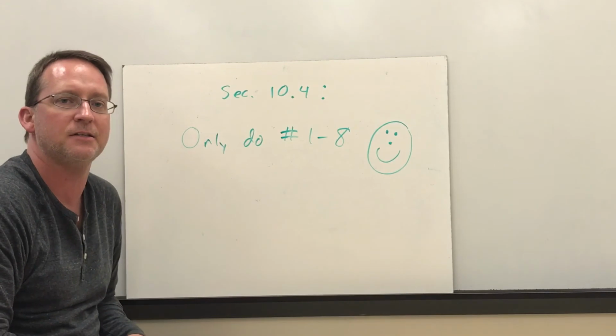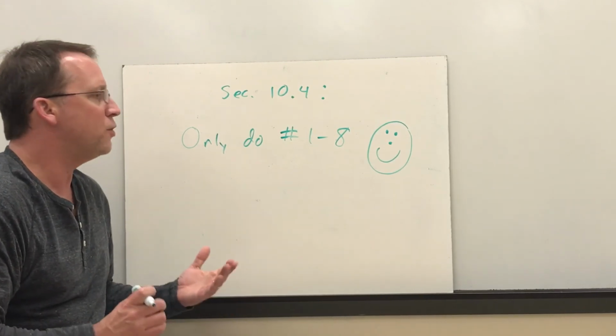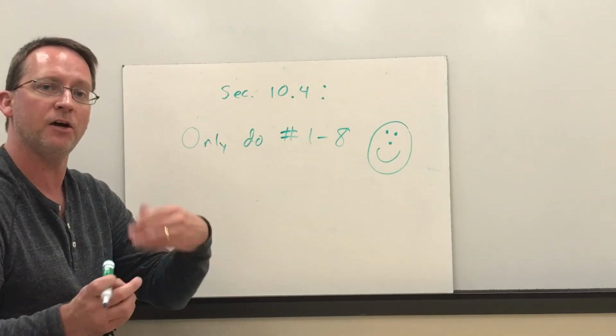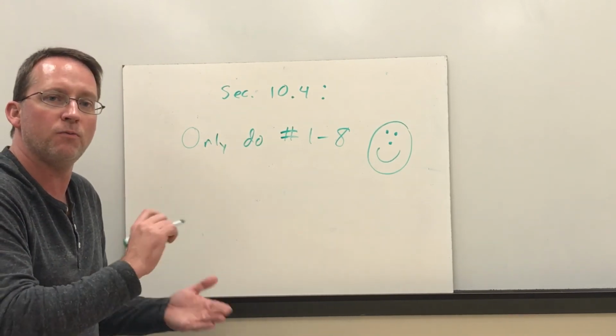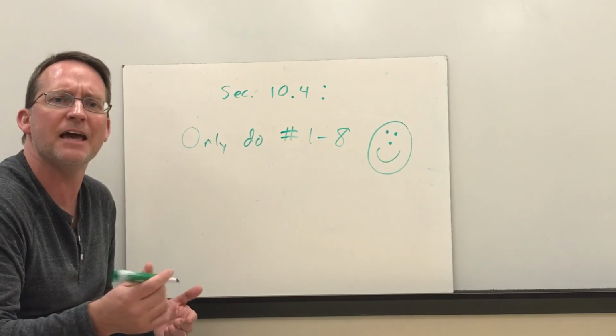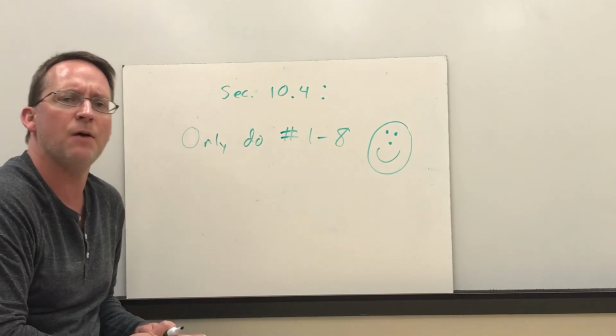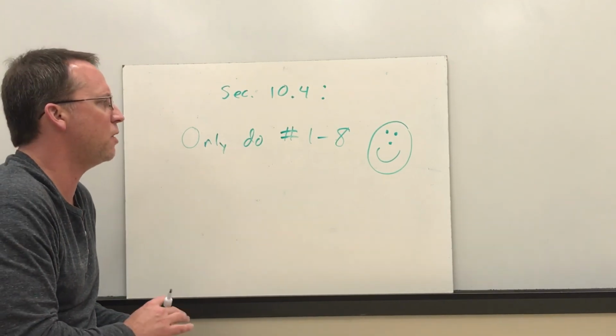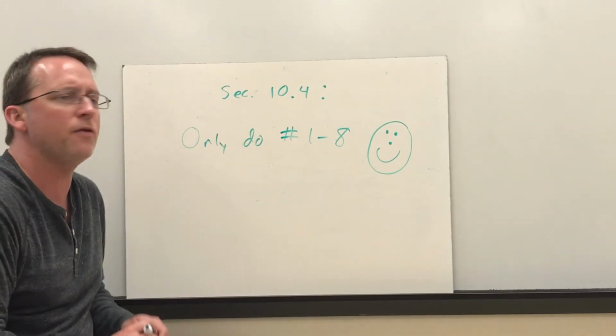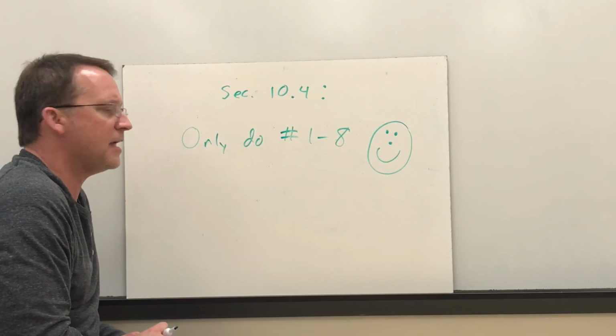We actually did 6 together just now. Those all deal with one area under a polar curve. When we get two equations together, we'll see those in the AP problems, and we'll tackle those there. I'd rather do those the way the AP exam would like us to rather than the way the book did. So just do 1 through 8 for me, please, and have a great day.